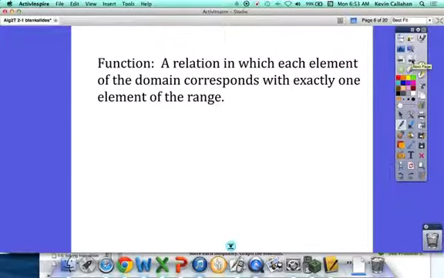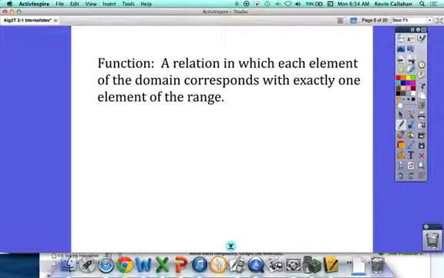Function. Function is a word that we're all familiar with, probably more so than relation, but function is a relation, but it's a particular kind of relation. It is a relation, that means a set of input and output values, where there is specifically only one output value for every input.